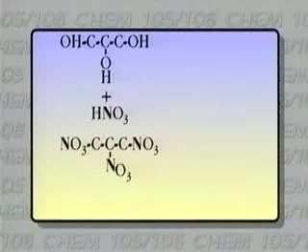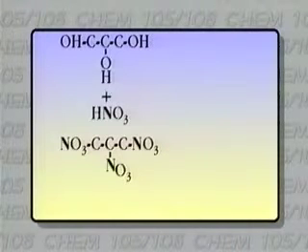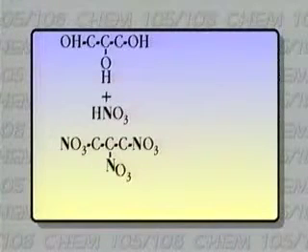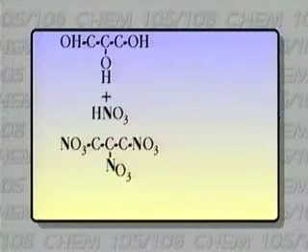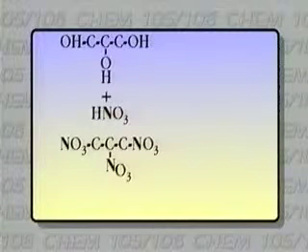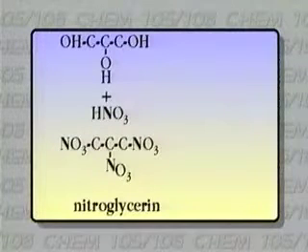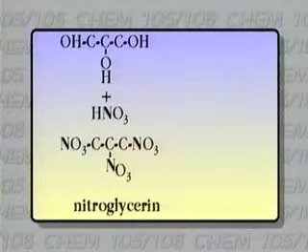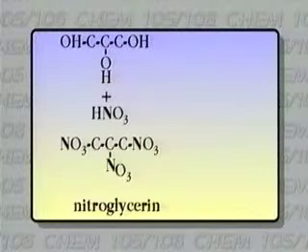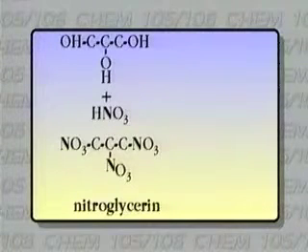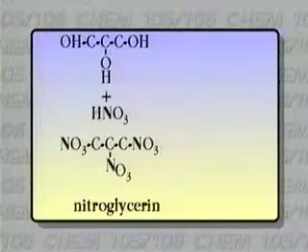Actually, there's an oxygen and an NO2, but that doesn't make any difference. And this is called nitroglycerin. And nitroglycerin, of course, is one of the major components of explosives.